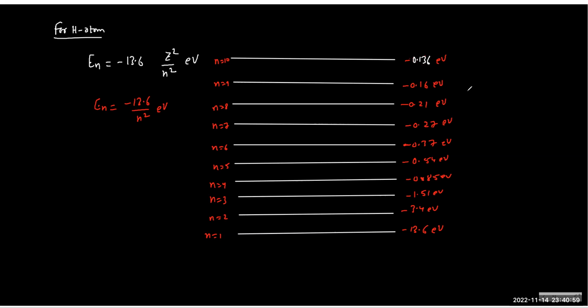Second last is okay. Third last. Fourth last. n equals 7, can you check, guys? Correct. n equals 6, correct. n equals 5. Okay, I think all are correct.